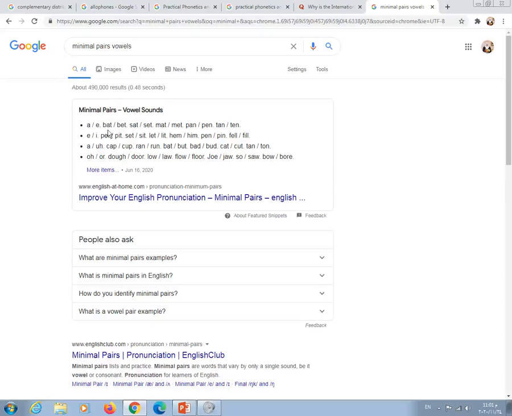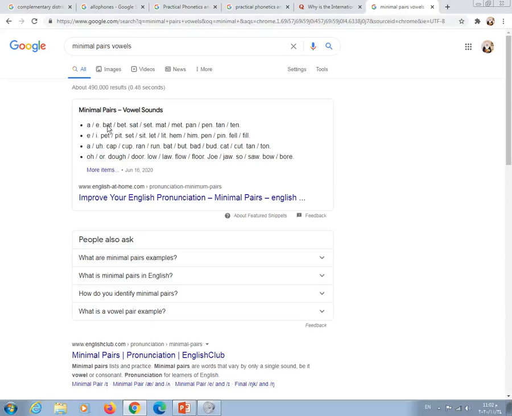We have bat, bat, bat. Okay. Here when we change b, sorry. Yes, bat, sat, mat, and so on.